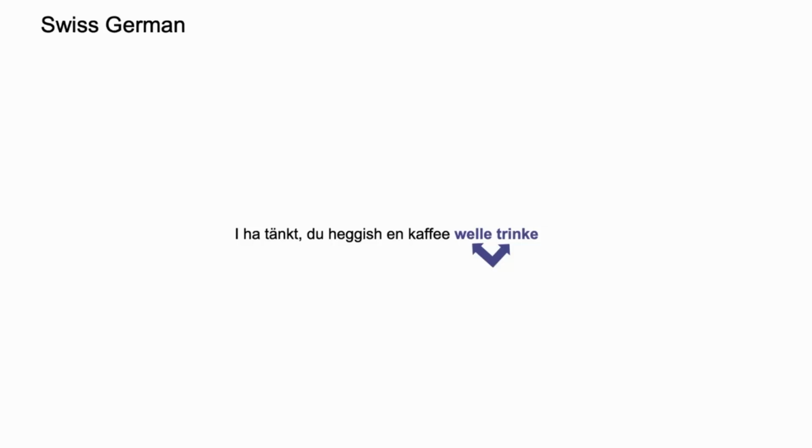And something else that I don't know if you have noticed is that in subordinate clauses in High German, the verb goes at the end. But in spoken Swiss German, the verb in a subordinate clause is often put at the third position. So you basically don't put it at the second one, to not confuse it with an indicative tense. You put it at the third position to make clear it's a subordinate clause, and then you still continue to add some words after that.